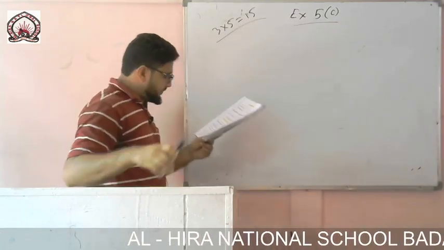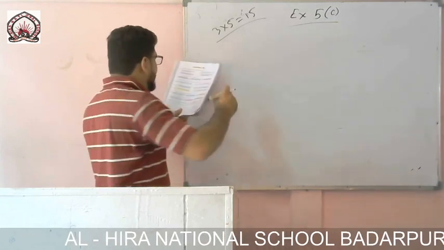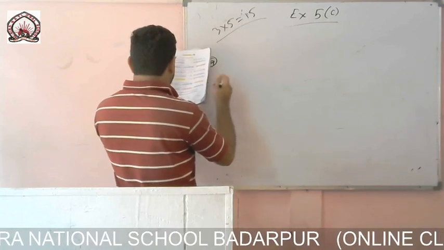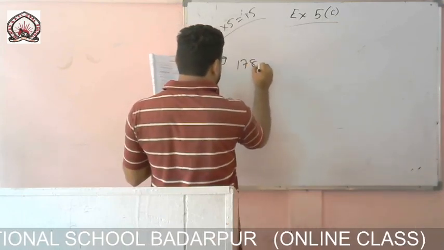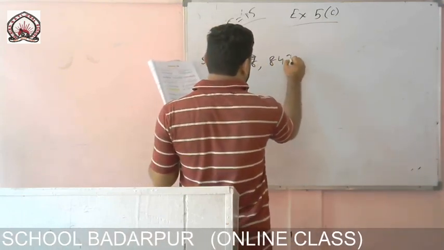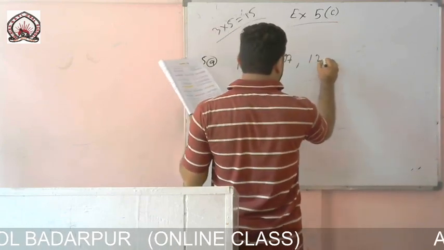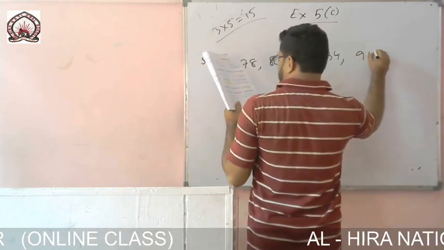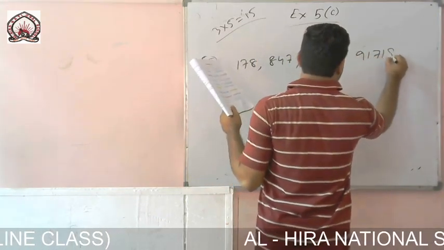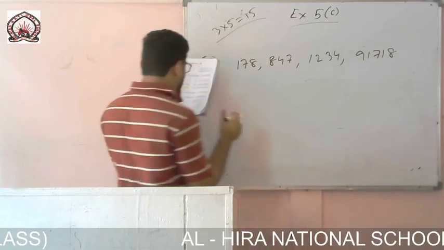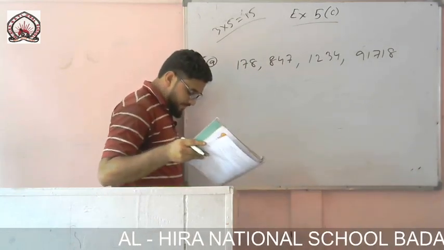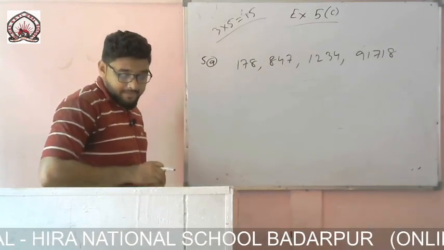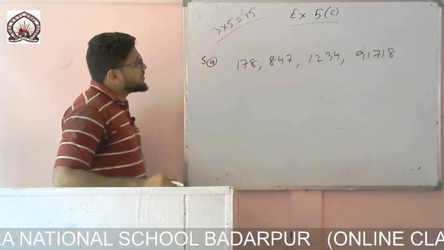So you check question number 5. The numbers are 178, 847, 1234, 91718.